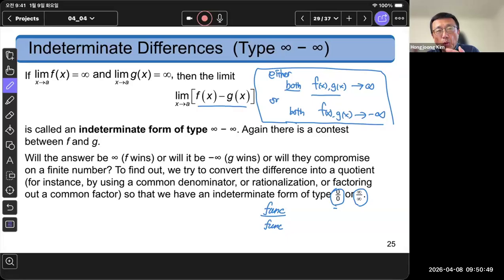That means both converge to 0 or both diverge to plus or minus infinity. So you need to do something to convert this into this. But what you do depends on f of x and g of x, so this type of problem is a little bit complicated.